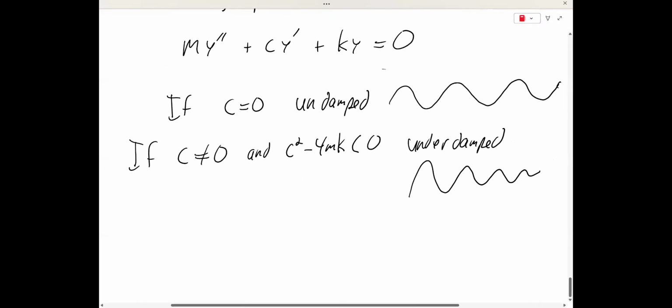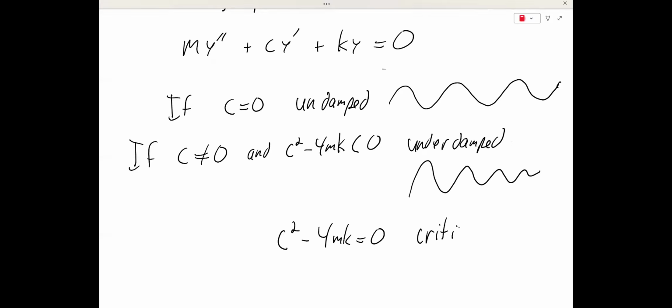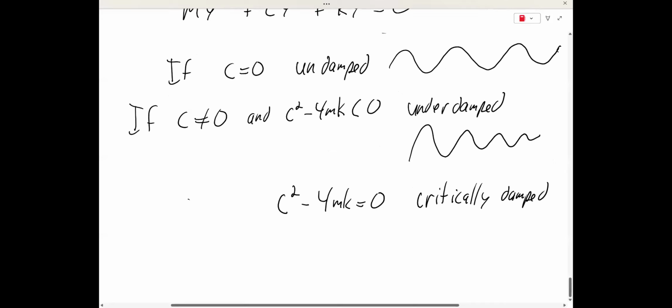If c squared minus 4mk is equal to 0, it's called critically damped. This is when c is not equal to 0 here, too.